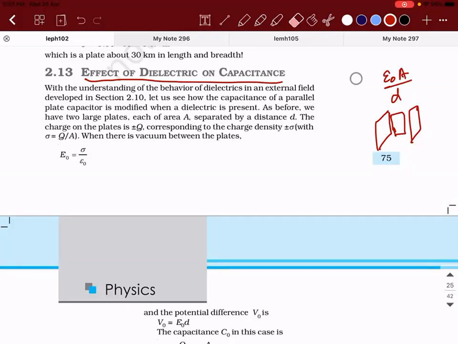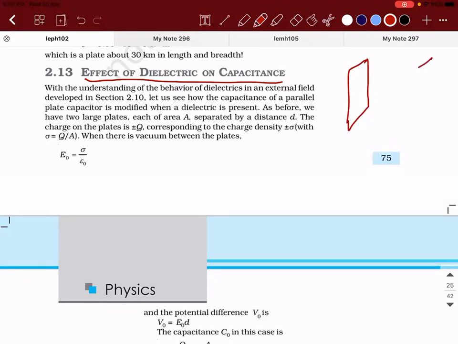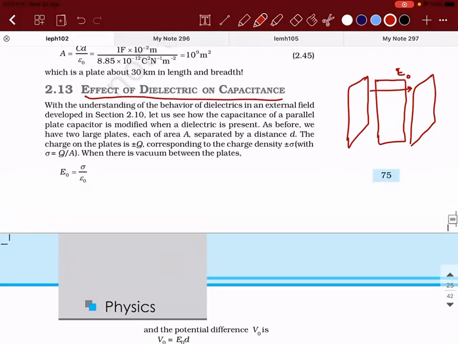Did you all write down the heading? Effect of dielectric on capacitance. When you say the electric field due to the charges on plates of the capacitor is E naught, what is the value of E naught? E naught is equal to sigma by epsilon naught.